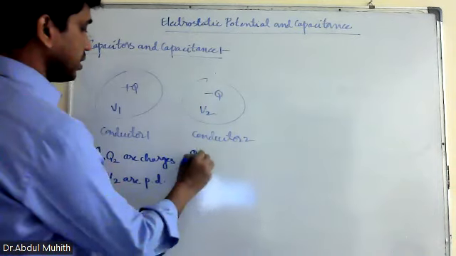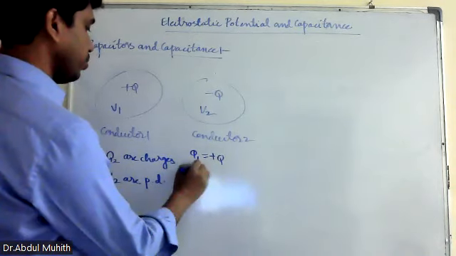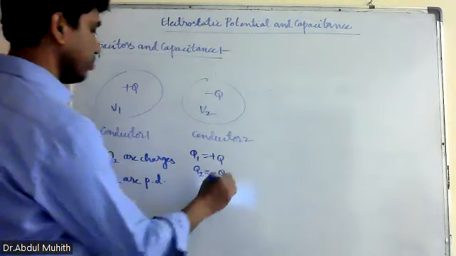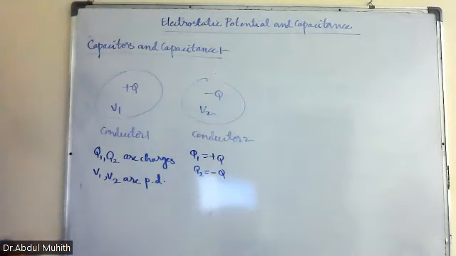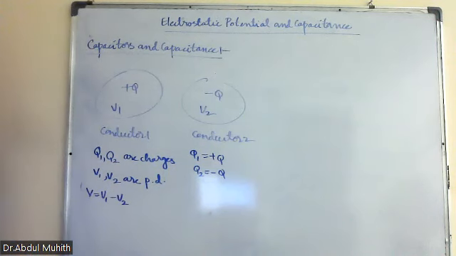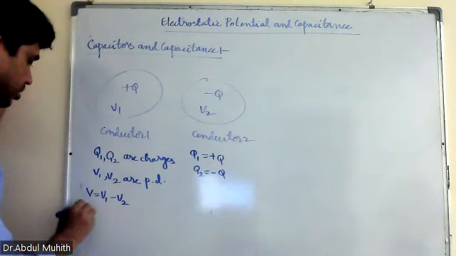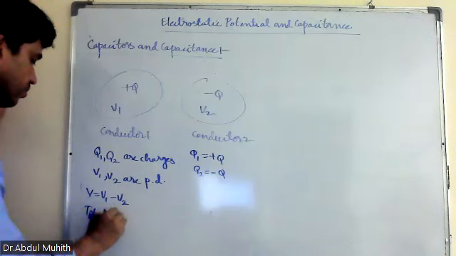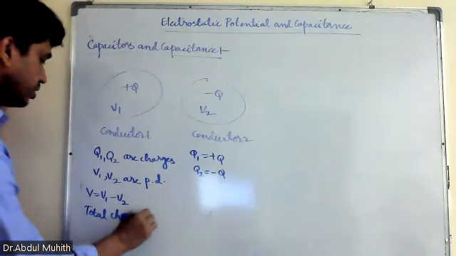Q1 I am taking as plus Q, and Q2 as minus Q. So the potential difference V is V1 minus V2, and the total charge is 0 here.